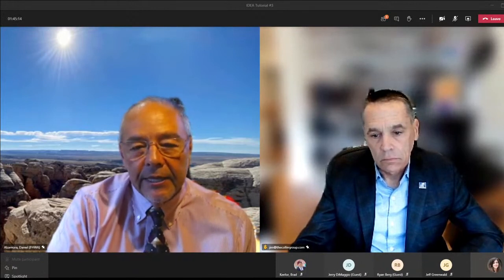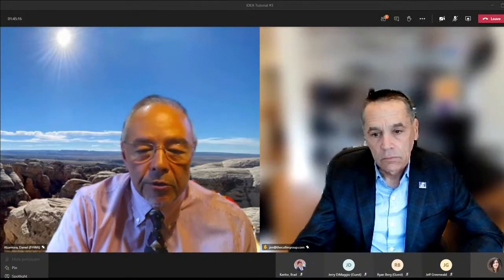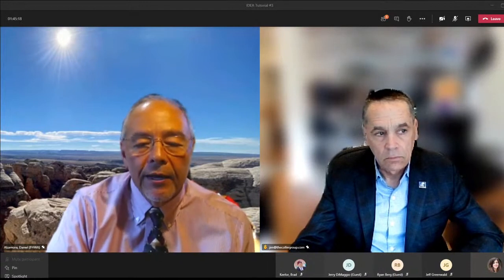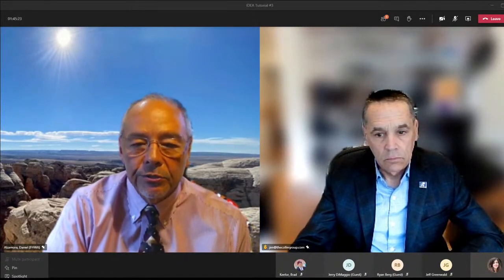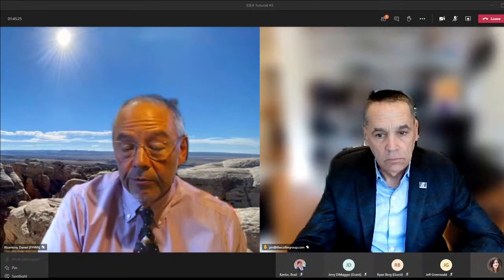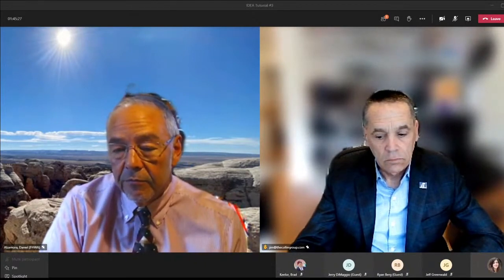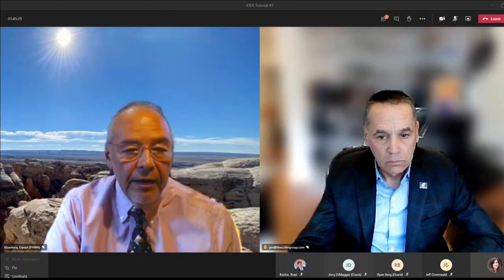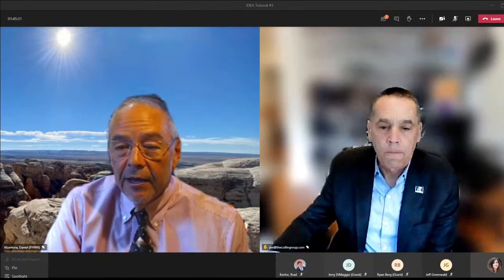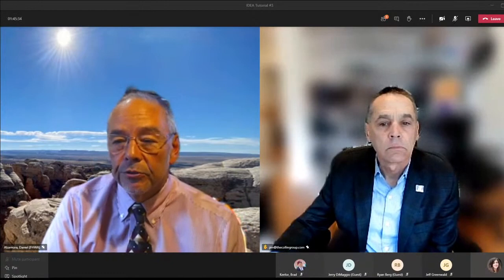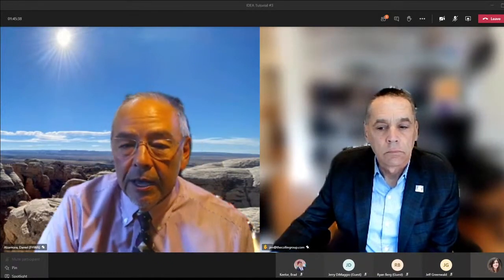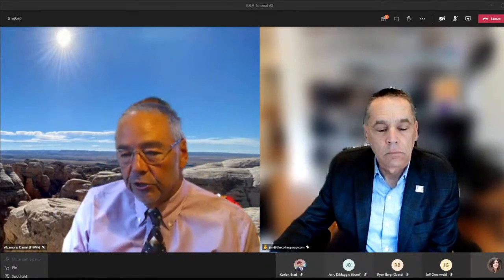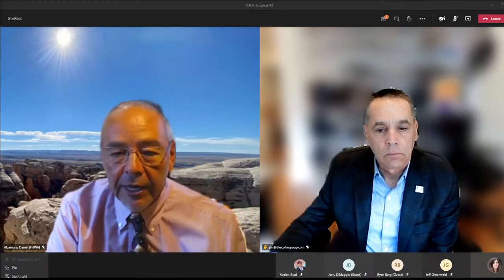At the end of the day, the state DOTs are going to be responsible, or they still have to review that, and they still need to make sure that it is something that they want to consider for their state on a particular project. It may be for a given project that they want to try a particular innovation because it's beneficial for that specific site condition or whatever the case may be.